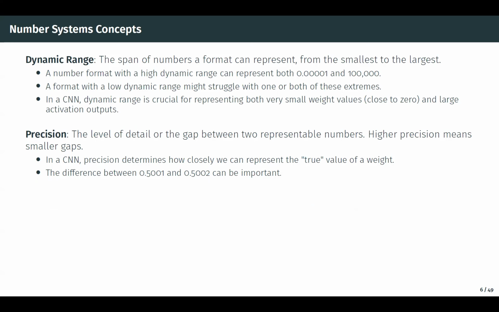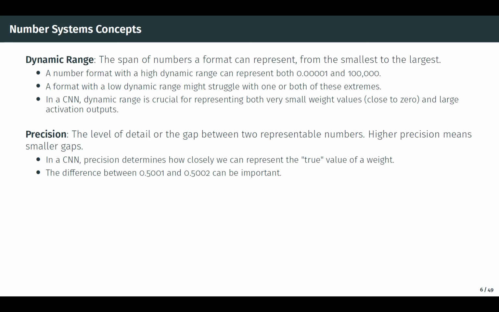Some number concepts we have to understand: first is the dynamic range, which is the span of numbers a format can represent, from the smallest to the largest. A number format with high dynamic range can represent, for example, both 0.0001 all the way to 100,000. A format with low dynamic range suffers at either of the extremes.